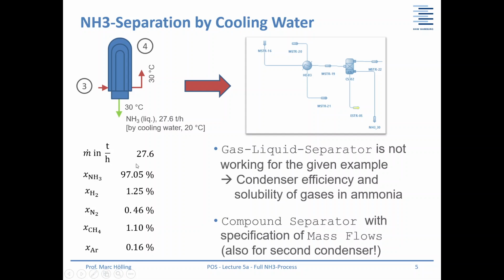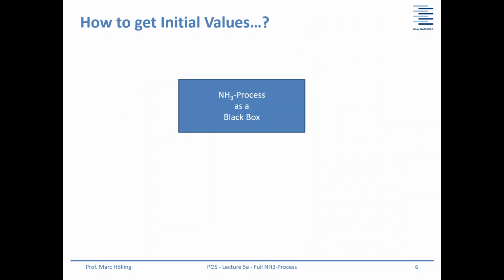So maybe you could also calculate it, but I was too lazy for it. I played around with the figures and I specified the mass flows. Okay, this is how I implemented it in my simulation, and I would recommend doing it also. Okay, and now the question is how to get the initial values.